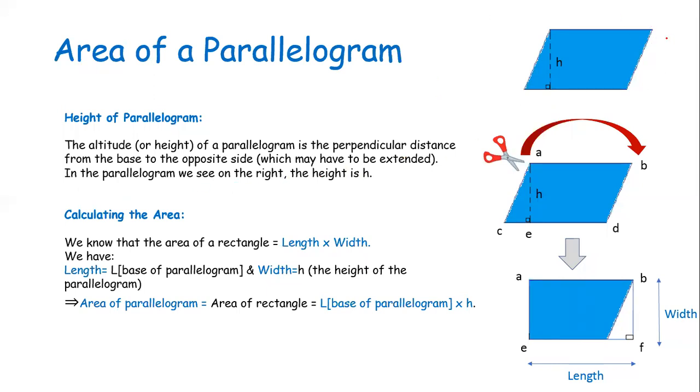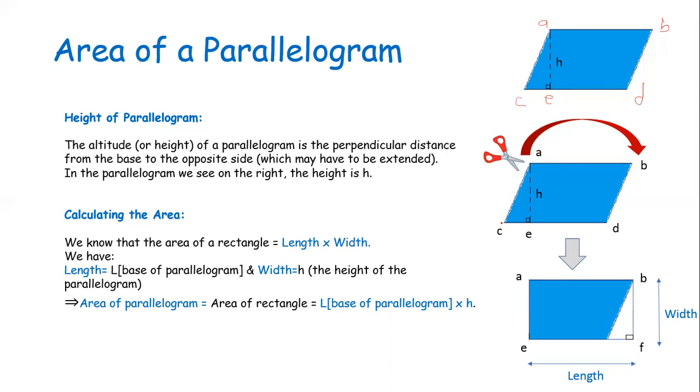So here we have a parallelogram, called A, B, C, D. And then we draw a vertical line from the first base, drawn from point A to the other base, the opposite base, so it meets the base at point E. Now, in order to calculate the area of this parallelogram, we take scissors and cut this small triangle at the end.